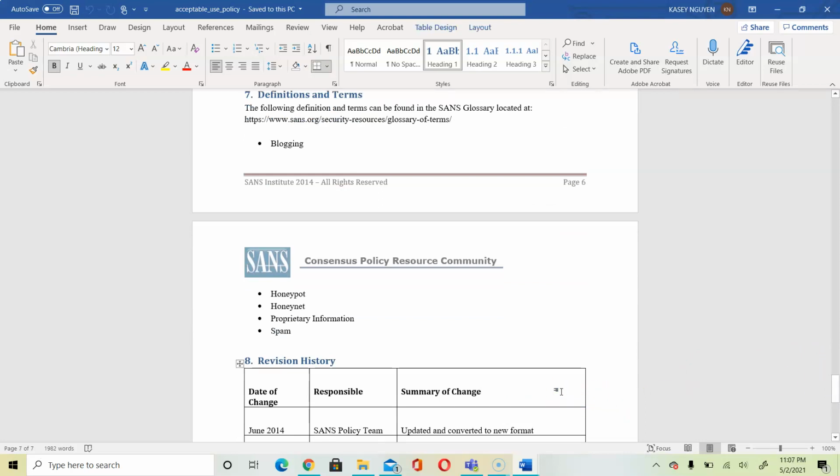So this gives you an overall understanding of what a security policy template would look like and how you can use that template to be able to create a security policy.